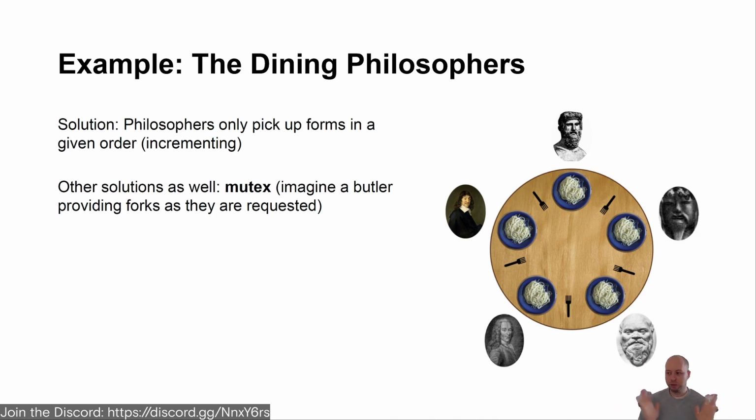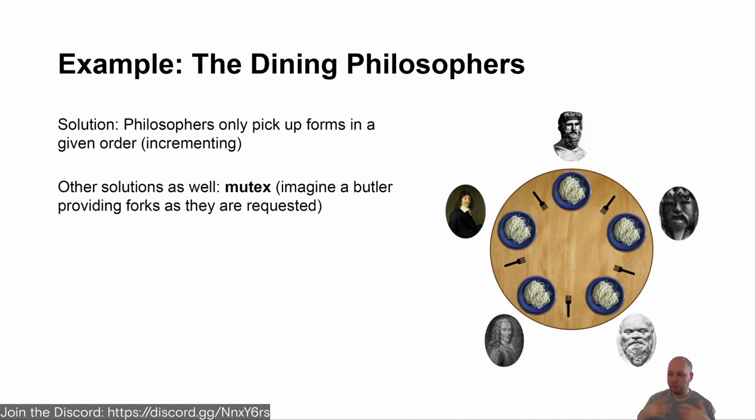There's another, much more trivial solution to this, and this introduces us to our first primitive, which is the mutex. Imagine a butler who comes along and says, okay, there are only 5 forks, but the butler owns the forks. When a philosopher is hungry, they raise their hand, and the butler goes over and gives them 2, and when they're done, the butler picks up the forks and goes to clean them off.